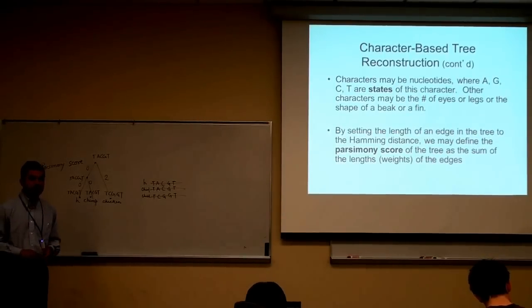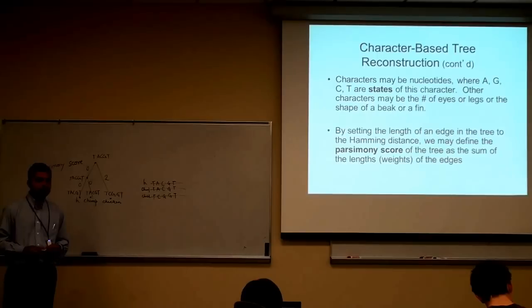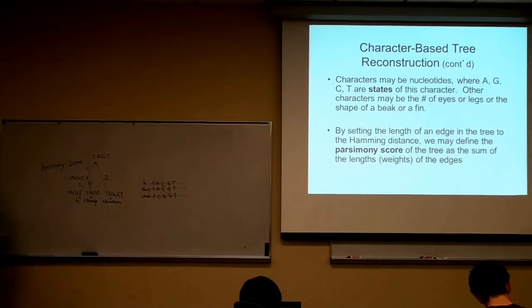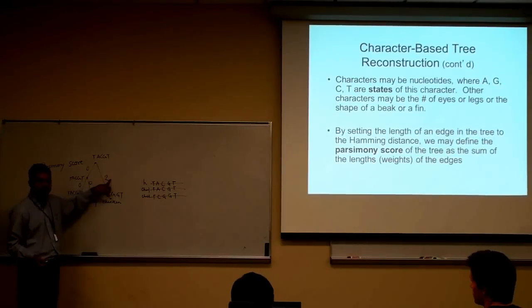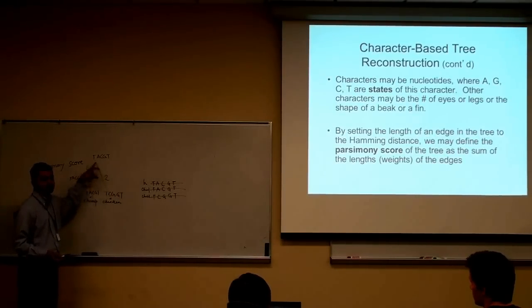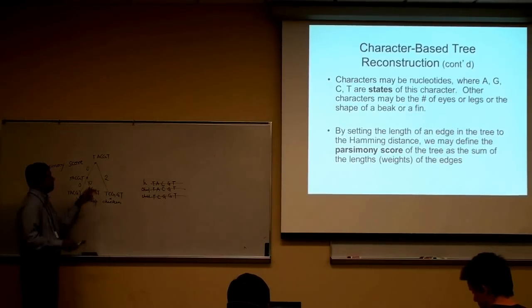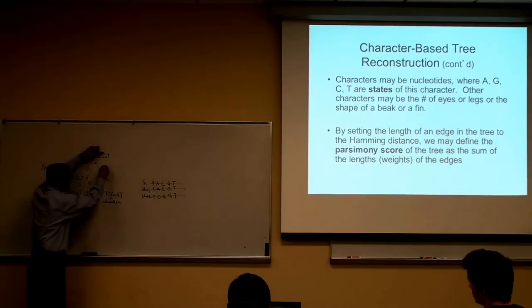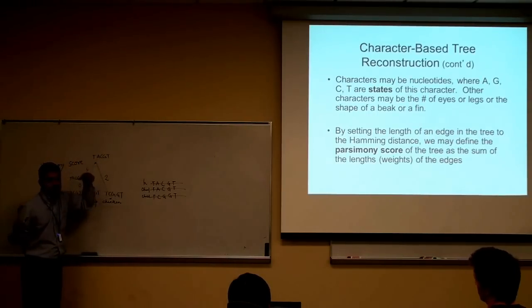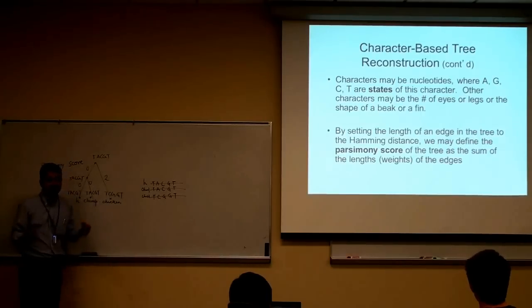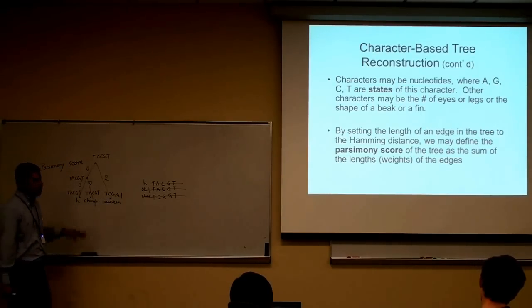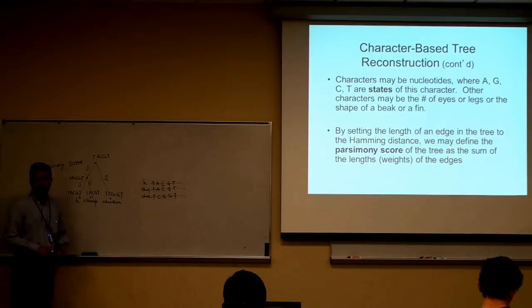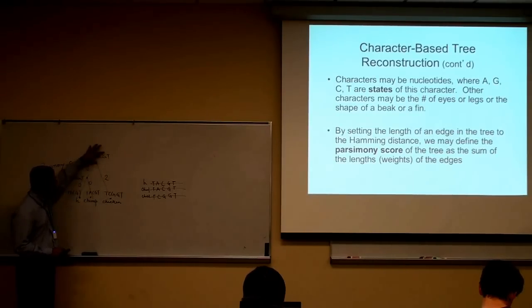That's why parsimonious. In fact, when you say that 2 mutations happened here, that's already a parsimonious guess. You could have had a G change and then change back to a G. But you're not counting 4 mutations, you're counting 2. You're assuming the simplest explanation in terms of evolutionary events for what happened from here to here.